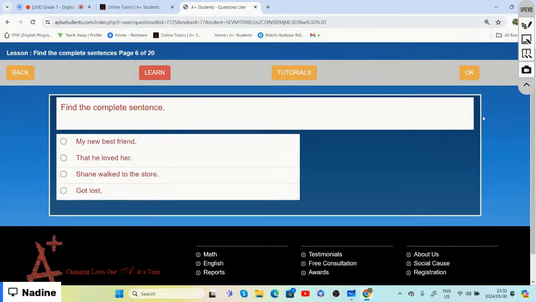We need to find the complete sentence. It says, my new best friend, that he loved her, Shane walked to the store, or is it got lost? What is the completed sentence within these sentences?